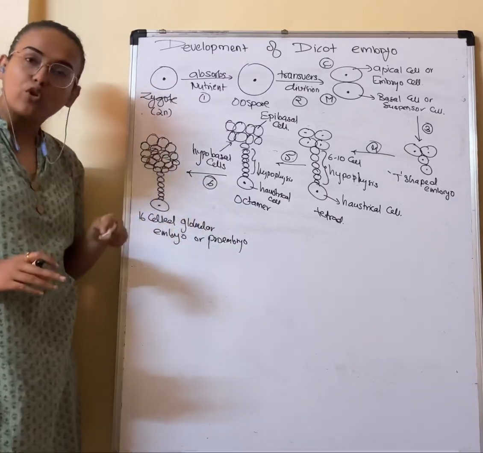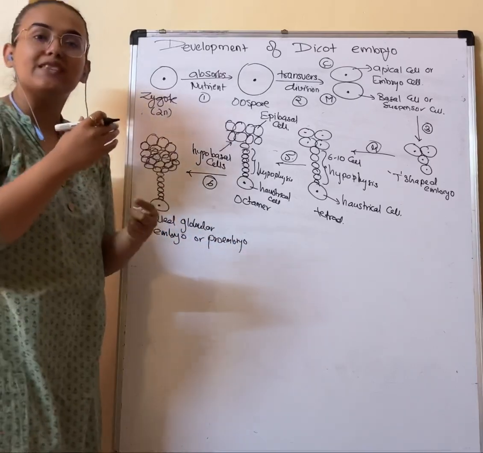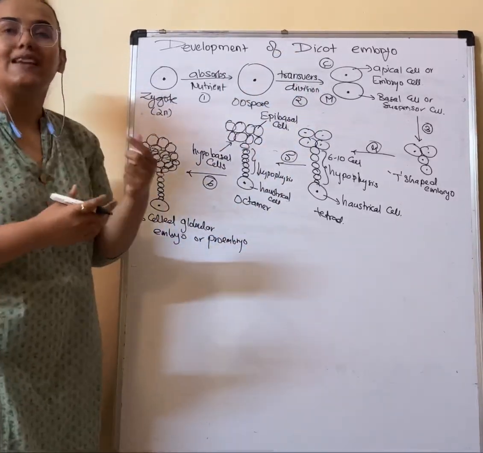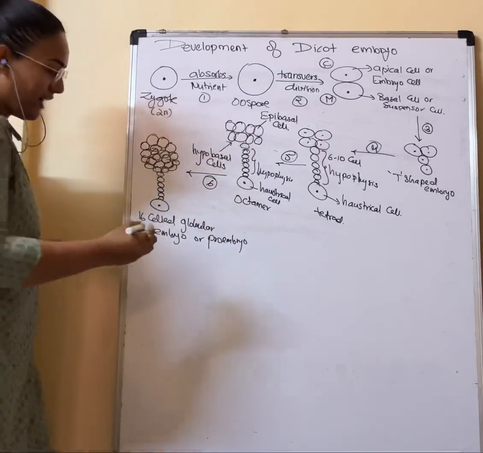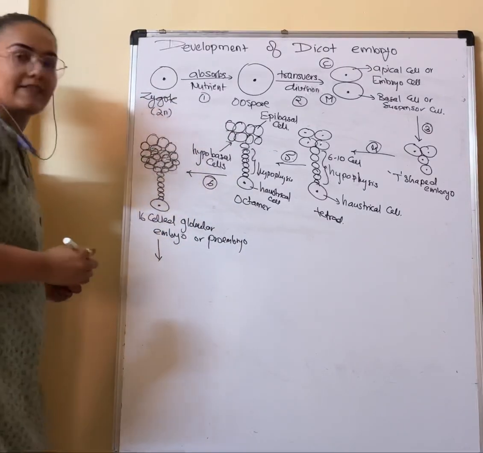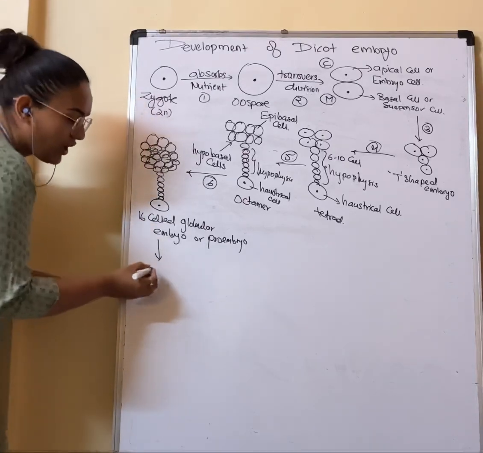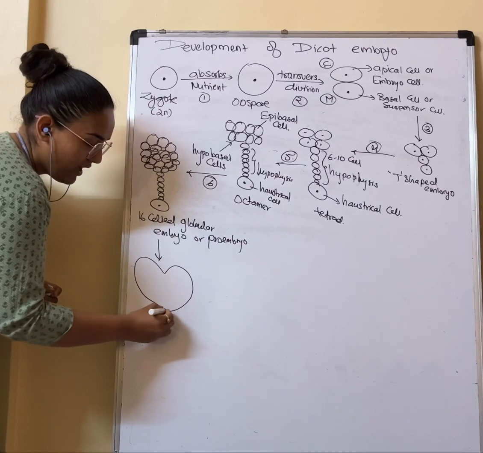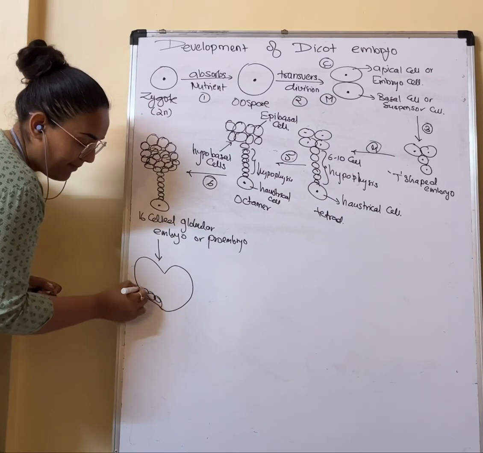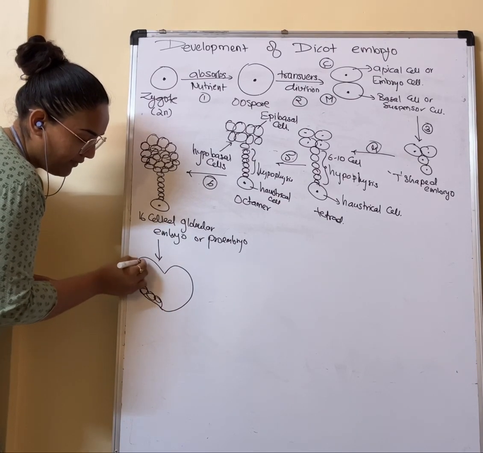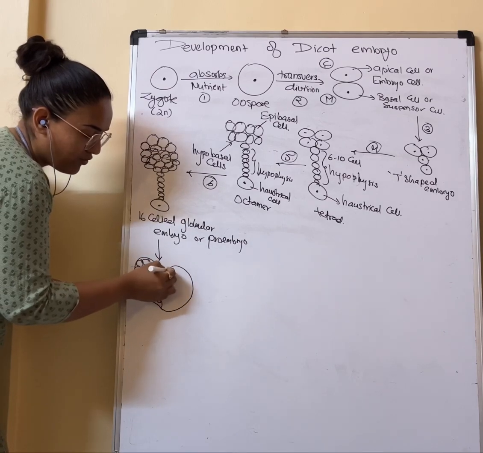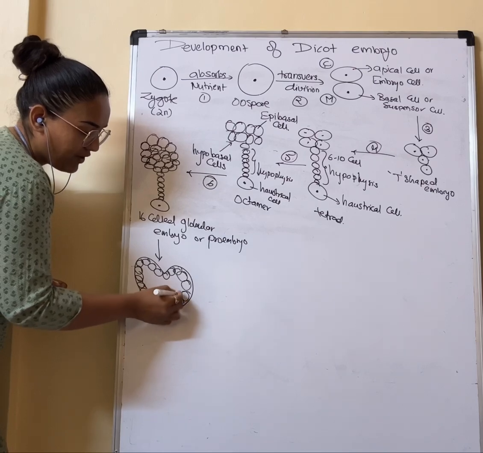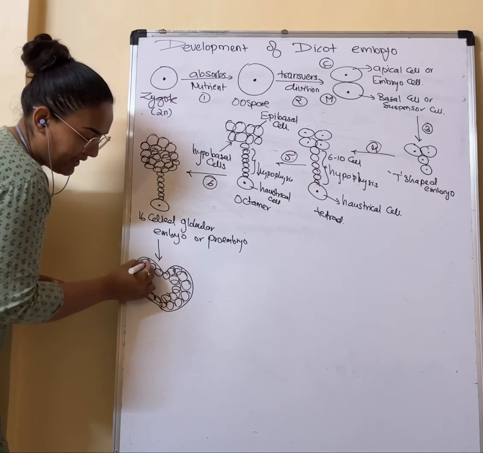Now, after the globular stage, because of the continuous division, and we are talking about dicotyledons, their development will slowly and steadily start. After this, you get something similar to a heart-shaped structure over here. The embryonic cells will develop a heart-shaped structure through continuous division and the formation of cotyledons.